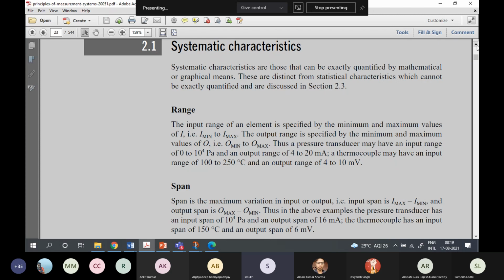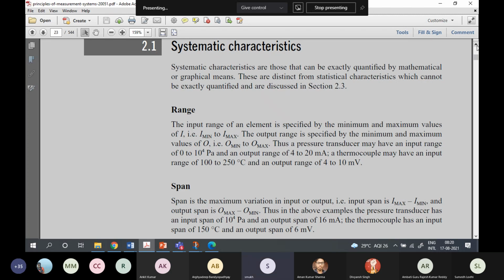But to a user, the sensor will be described by a set of values. So what are those values? If you go to buy a sensor, then you will typically encounter these values which are given in a specification sheet.